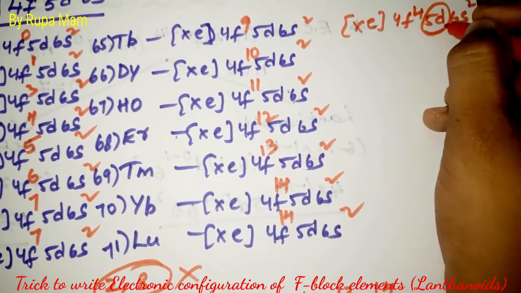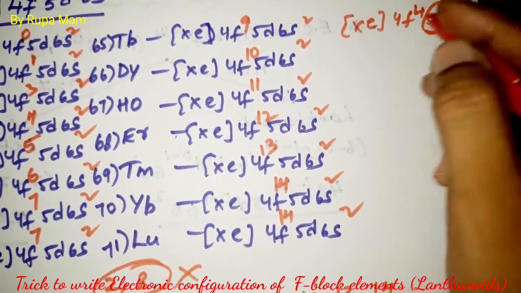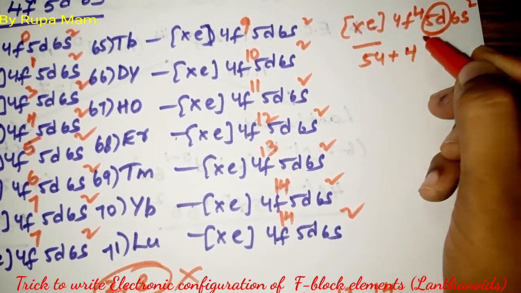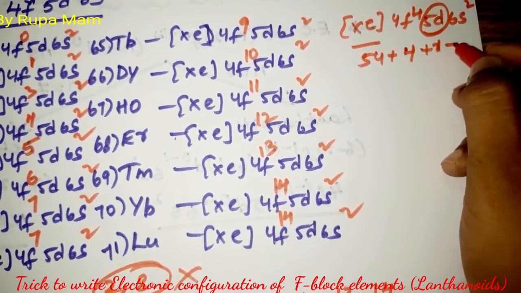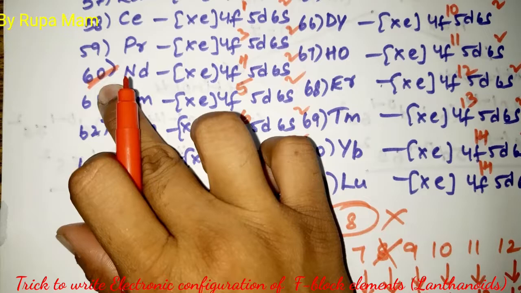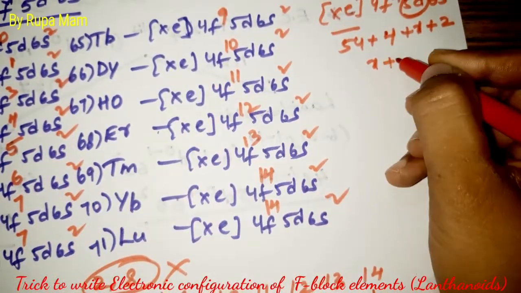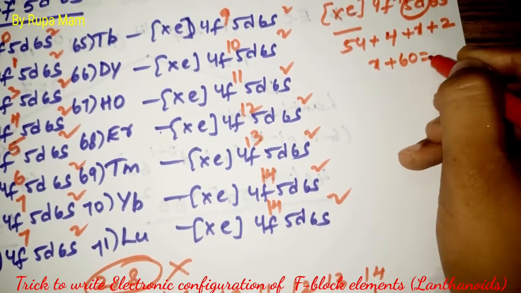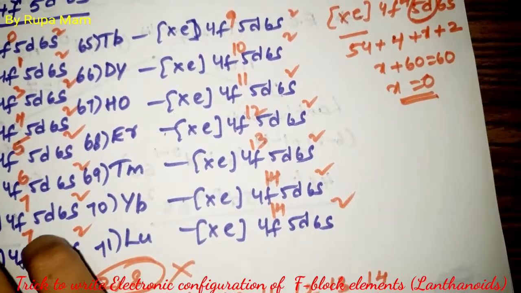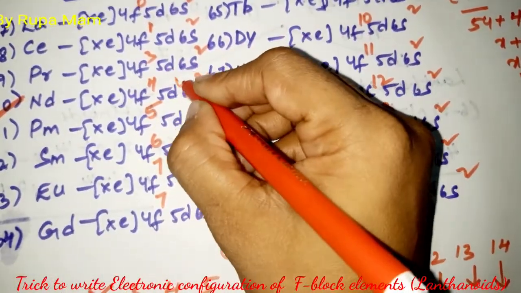We do not know the d orbital, so we take it as X. That means xenon is 54 plus the f orbital 4 electrons, d we don't know, X, s is 2. The total electron count of neodymium is 60. So X plus 60 is equal to 60, then X is equal to 0. That means the number of d electrons filled in neodymium is 0.